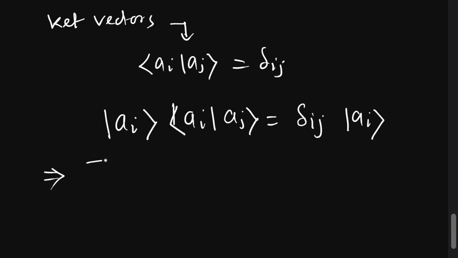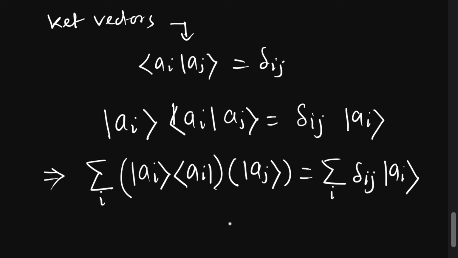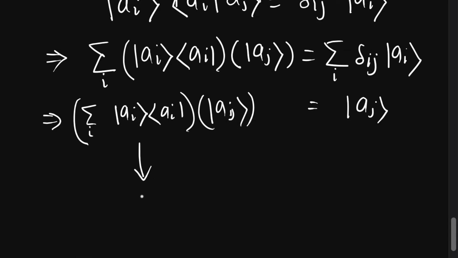If we sum the equation over i, then summation of i |ai><ai|aj> equal to summation of i delta ij |ai>, this is nothing but |aj>. That means summation of i |ai><ai| acting on |aj> as an identity operator I.